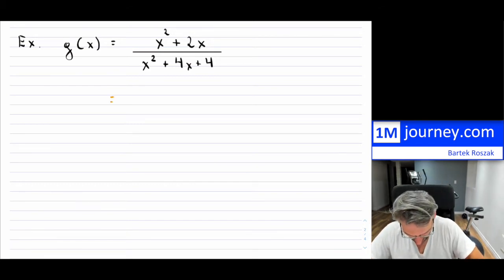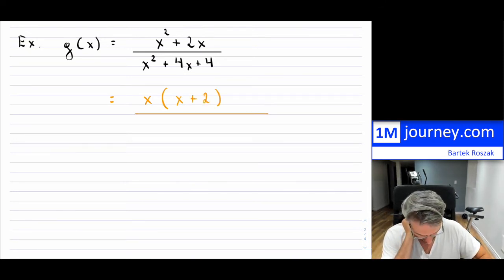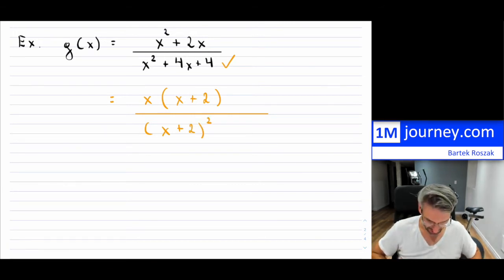So let's try this. On top, right away I see x right there. This is going to be x plus 2. So that's factored for the numerator. Now the denominator, I don't know if that's, oh, this is actually a perfect square. So this is x plus 2 squared, right?